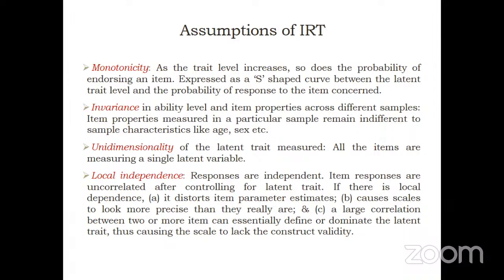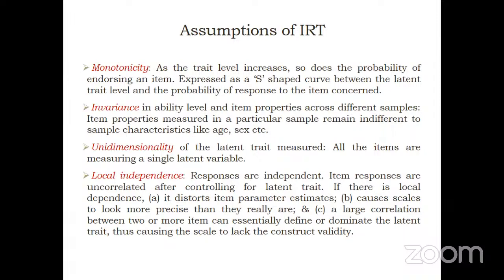If there is some local dependence, this assumption is violated, and it distorts the item parameter estimates and causes the scales to look more precise than they really are. A large correlation between two or more items can essentially define or dominate the latent trait, thus causing the scale to lack construct validity.